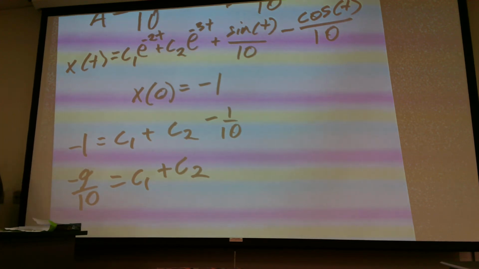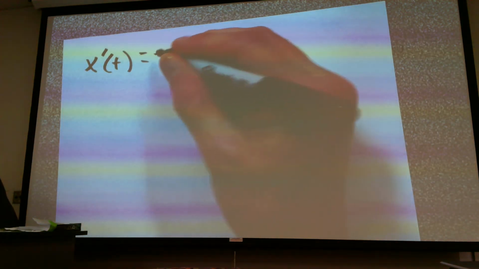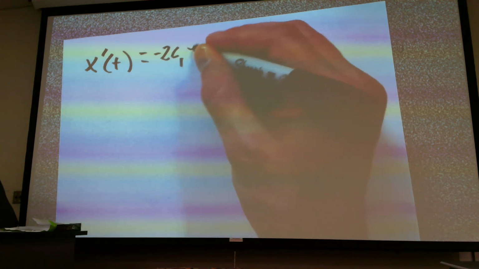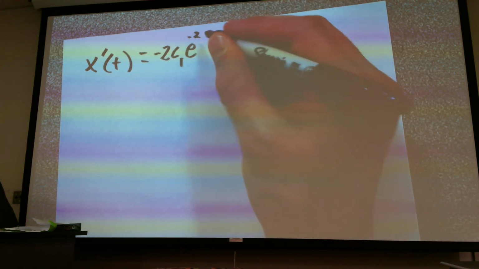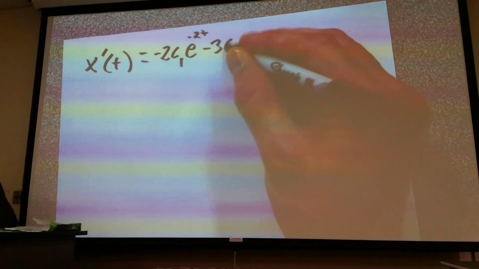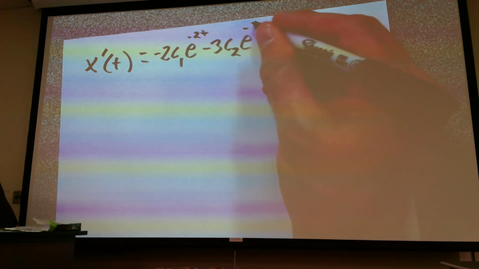Let's take its derivative, and we're going to use the initial velocity as the other condition. Now x prime of t is going to be negative 2 c1 e to the minus 2t minus 3 c2 e to the minus 3t.